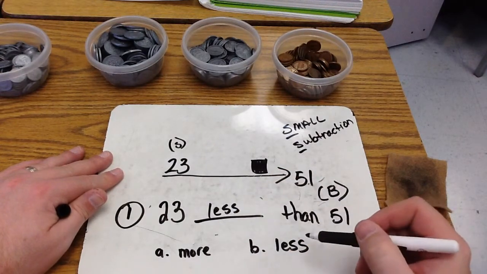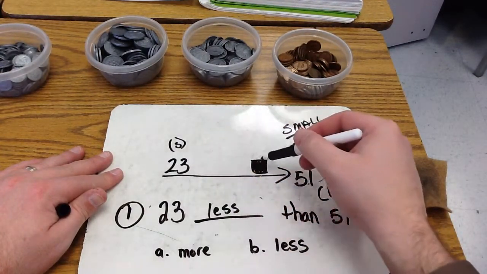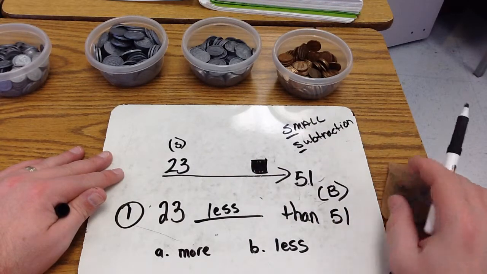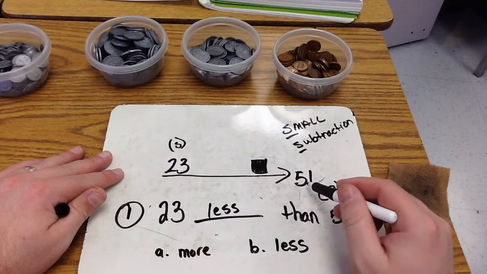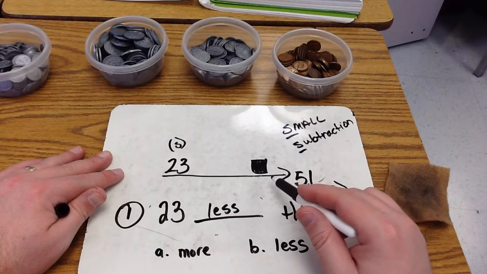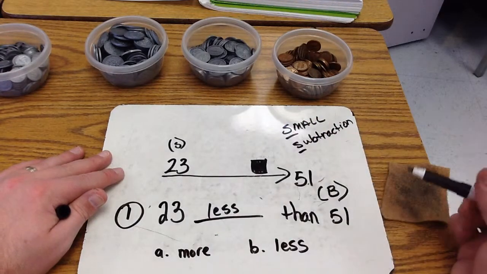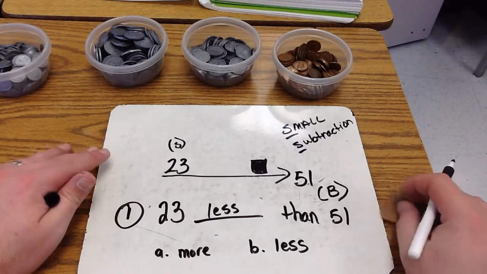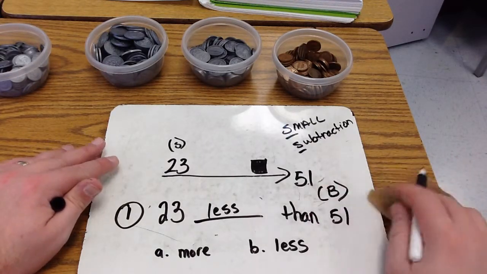And I say that because I'm going to have to add another number to 23 here to get 51. So that number has to be smaller than 51. So if that number is smaller than 51, 23 has to be smaller than 51, because I can't add two small numbers and have them be more than what my big number is.